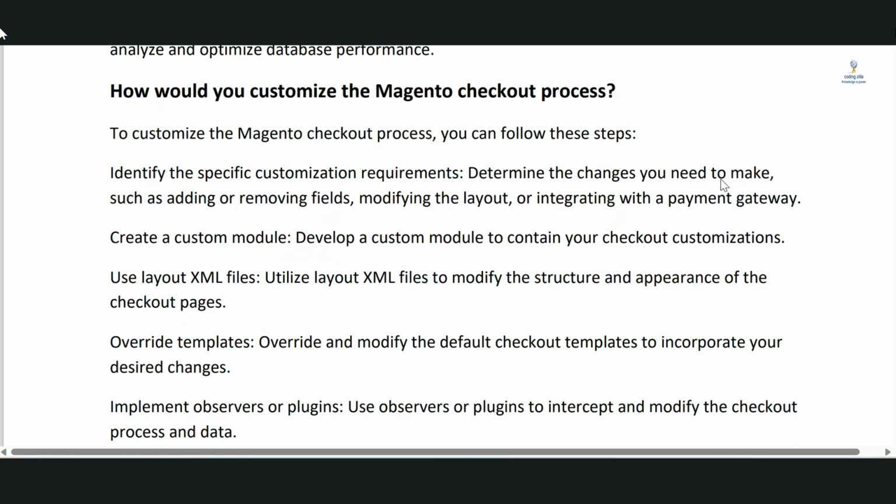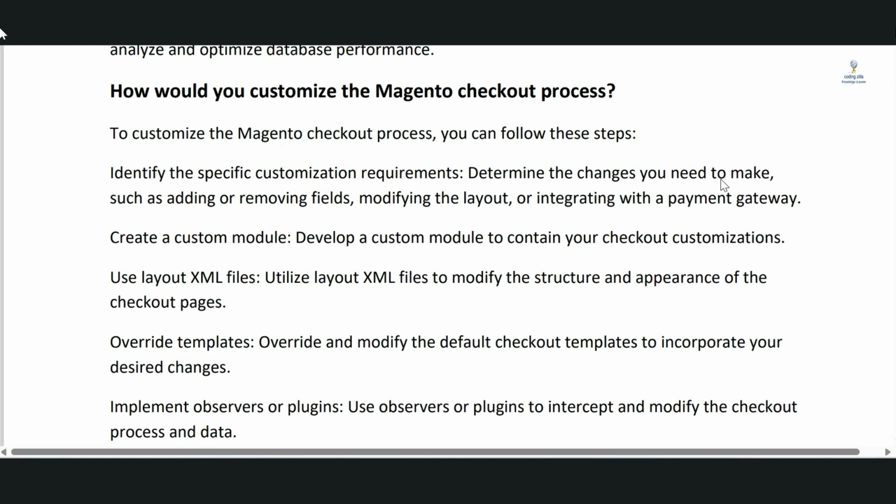How would you customize the Magento checkout process? To customize the Magento checkout process, you can follow these steps. Identify the specific customization requirements. Determine the changes you need to make, such as adding or removing fields, modifying the layout, or integrating a payment gateway. Create a custom module. Develop a custom module to contain your checkout customization. Use layout XML files. Utilize layout XML files to modify the structure and appearance of the checkout page.